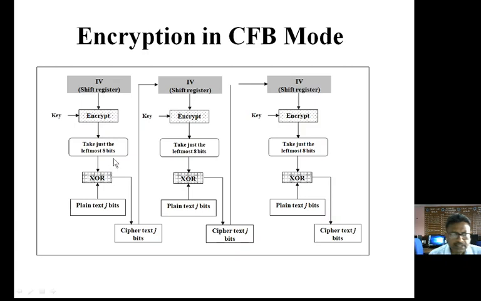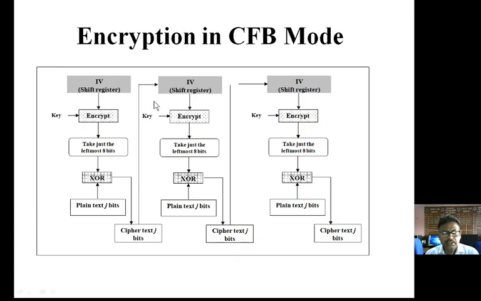Now, can you consider what will be the decryption process in the CFB mode? The decryption process is very similar to the encryption process in the CFB mode, with a very little change in this particular diagram.